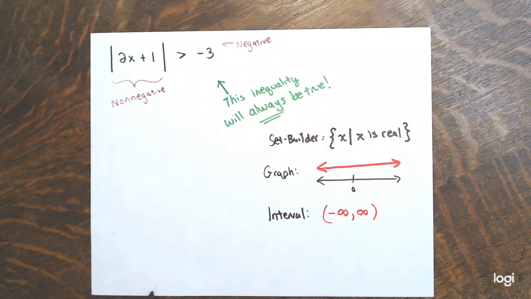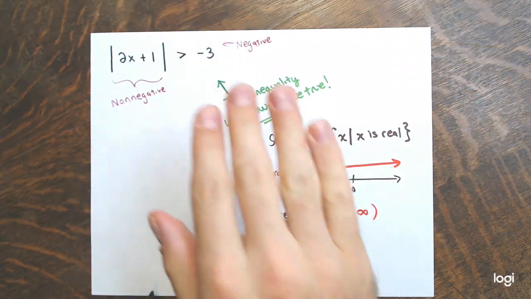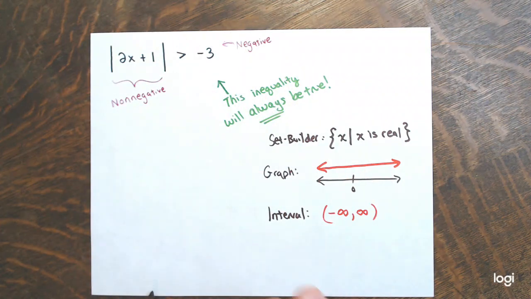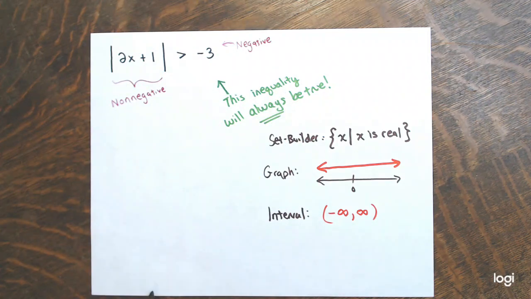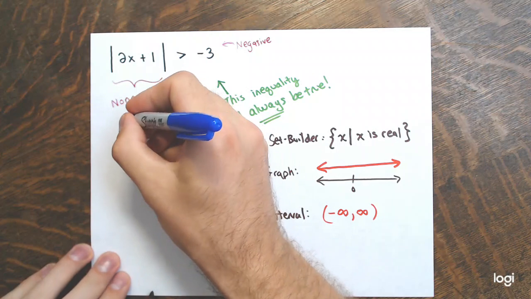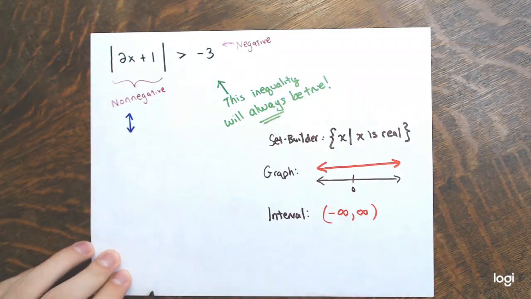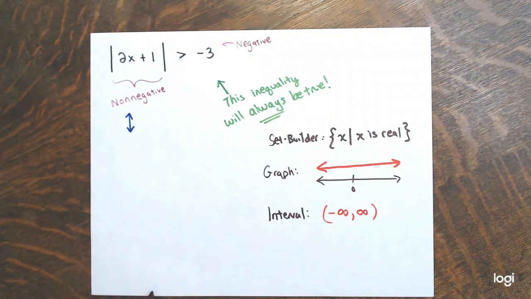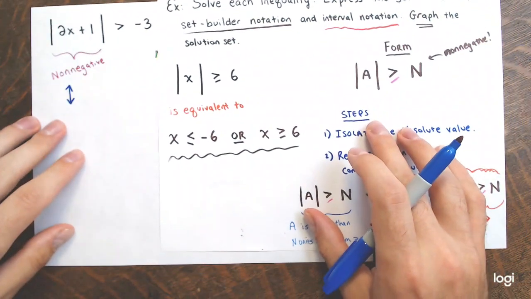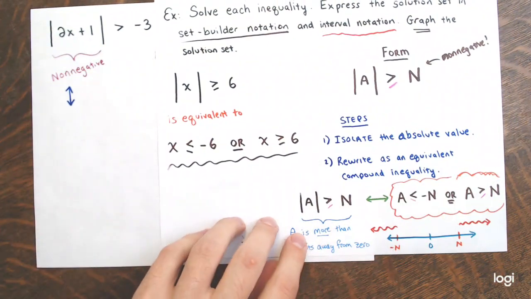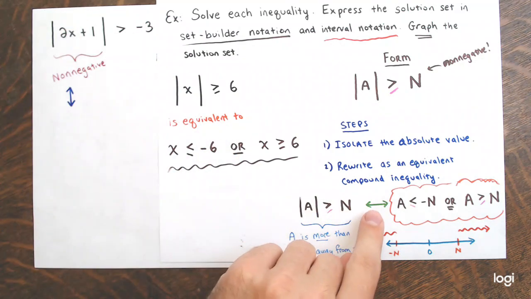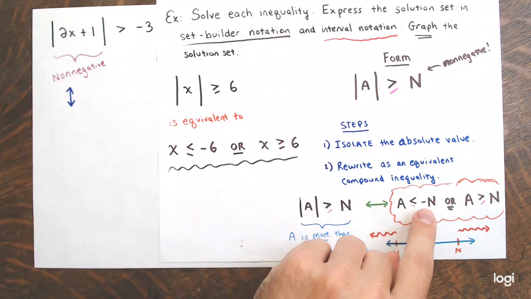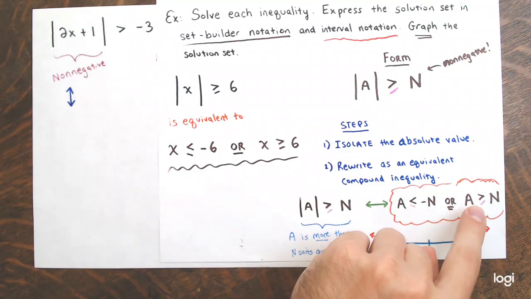Now, what if you didn't recognize this and say, I can just jump to the end here? I'm hoping you'd see this and recognize that this has all real numbers as solutions. But what if you didn't, and I blindly followed that little translation from the first page, where absolute value of a greater than or equal to n is equivalent to a less than or equal to the opposite of n, or a greater than or equal to n.